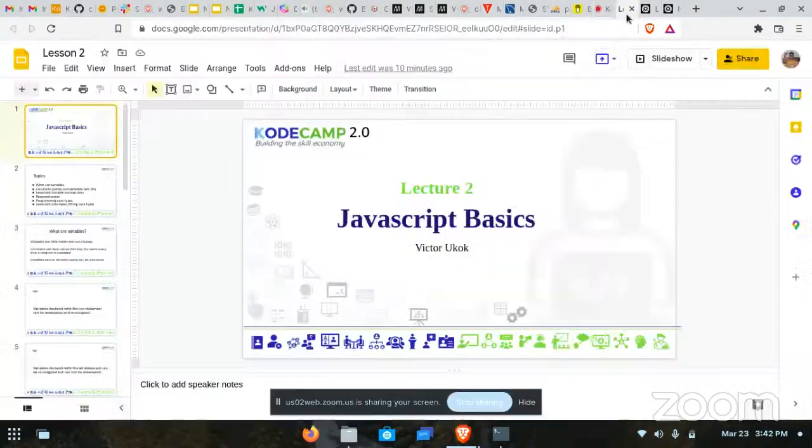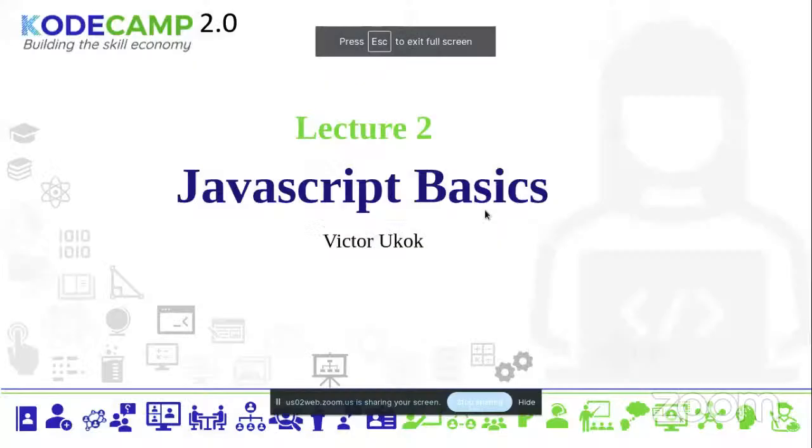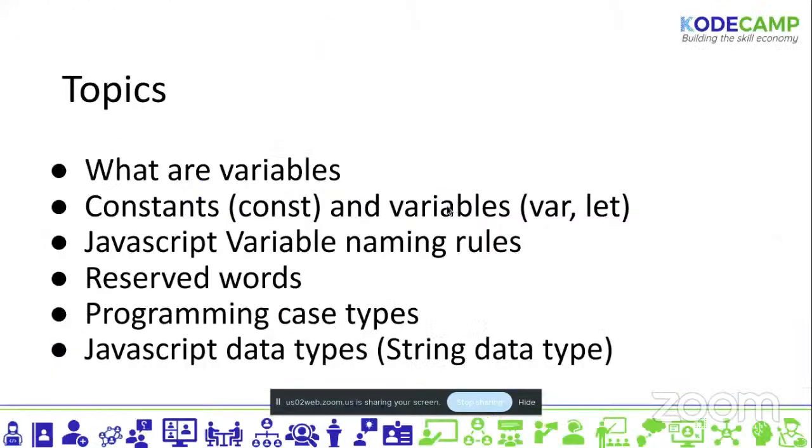Okay. So let me just recap what I did. Today's lecture is on JavaScript basics, and we are talking about variables and constants, what variables are, and then how you can declare a variable using const, var, and let.